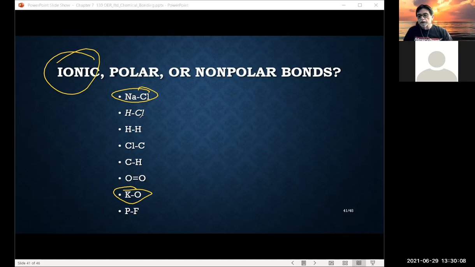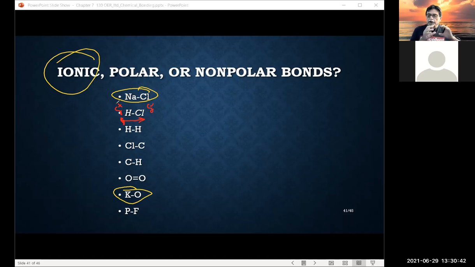So without question, the electronegativity is very different, and we can draw an arrow from left to right. And so we have a polar covalent bond with a partial negative on the chloride and a partial positive on the hydrogen.